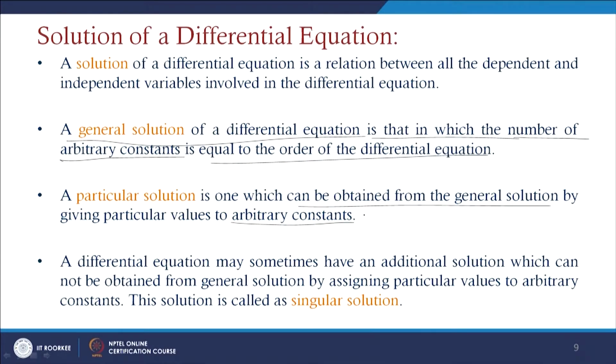If some dividend terms are multiplied there, where analyticity is preserved at that point, and the dividend term is multiplied with the differential operator, then we can find this singular solution. So sometimes there is an additional solution which cannot be obtained using particular values of the arbitrary constants, and this is especially called a singular solution.